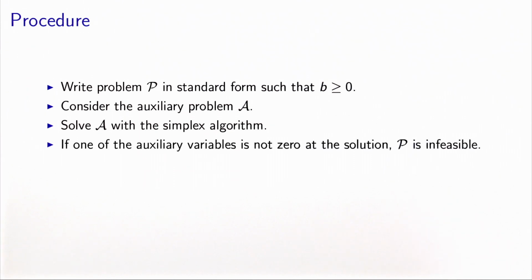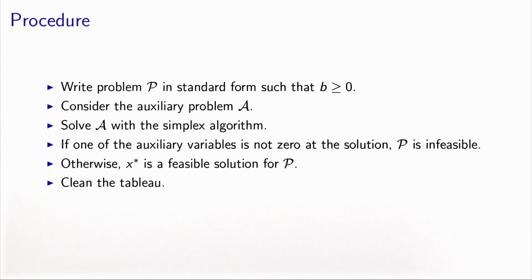If at least one of the auxiliary variables is not 0 at the optimal solution, we can stop and claim that problem P is infeasible. Otherwise, the solution X star of the auxiliary problem is a feasible solution of the original problem. We need to clean the tableau, including the calculation of the last row, and then we use it as an initial tableau to solve the original problem with the simplex algorithm.